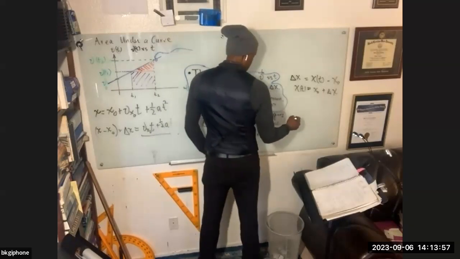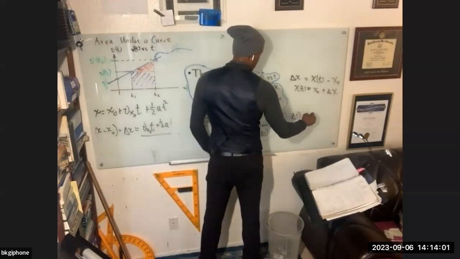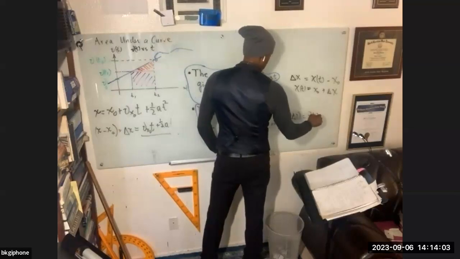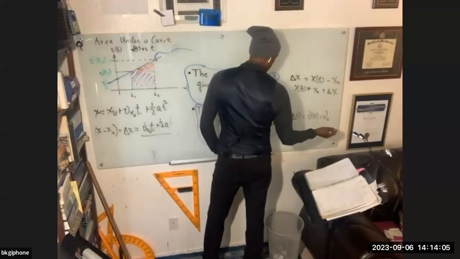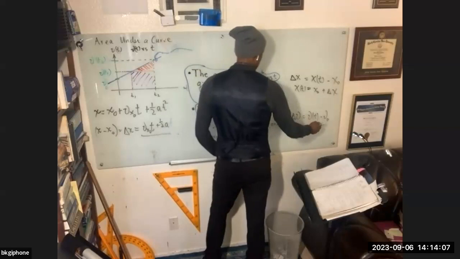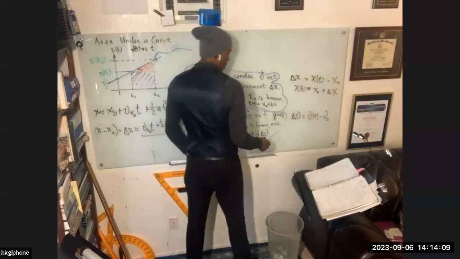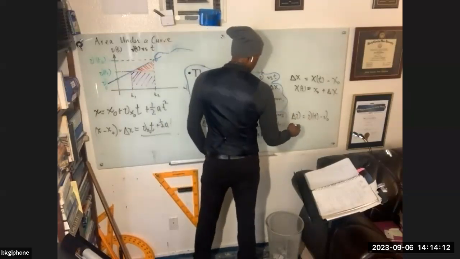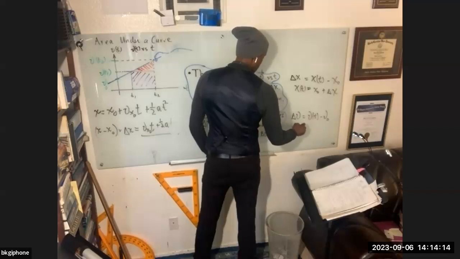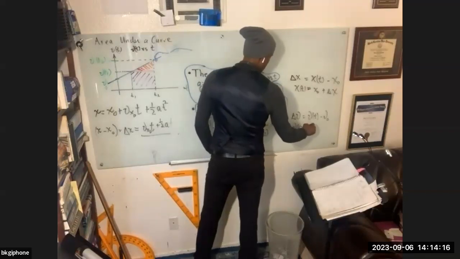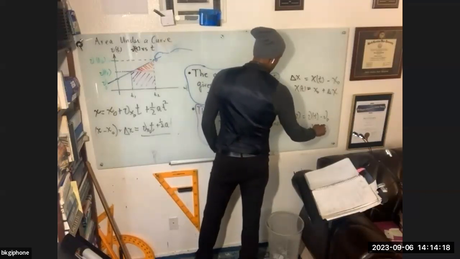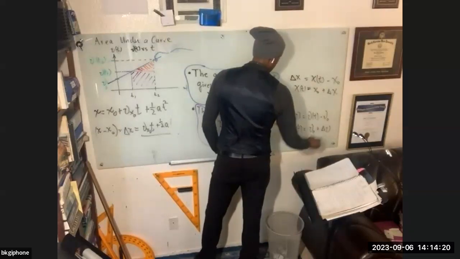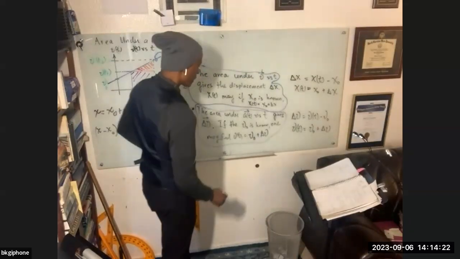And similarly, delta v is defined as v of t minus v naught, v final minus v initial, where v final is going to be the velocity at any arbitrary time. Then v of t equals v naught plus delta v. That's what we're saying.